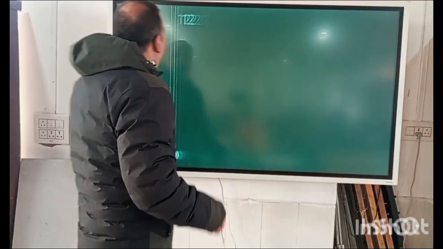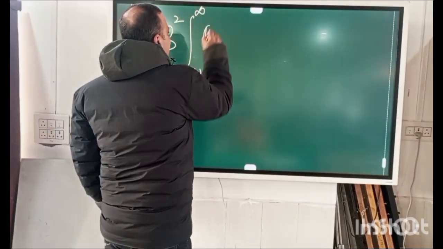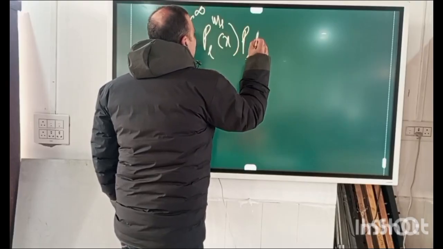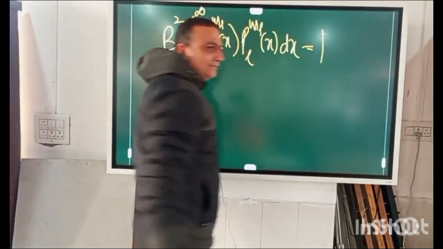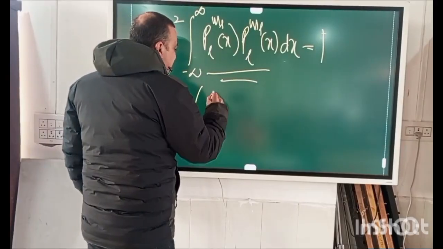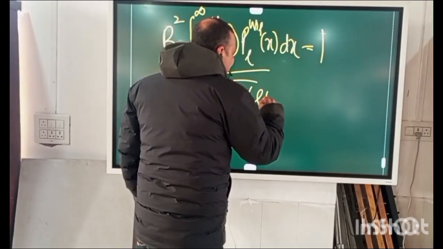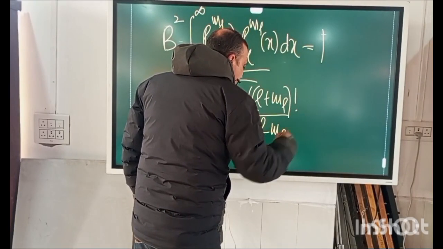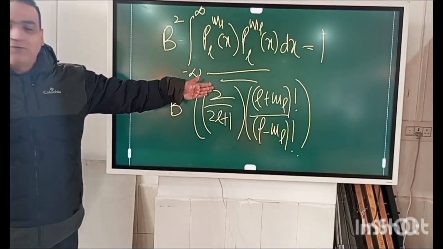Outside I have B squared, inside I have the integral of P_L^{m_L}(x) times P_L^{m_L}(x) dx, and this is equal to 1. Now the value of this integral is B squared times 2 by (2L plus 1) times (L plus m_L)! divided by (L minus m_L)!.